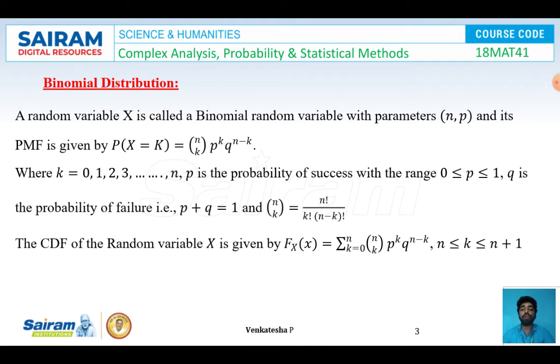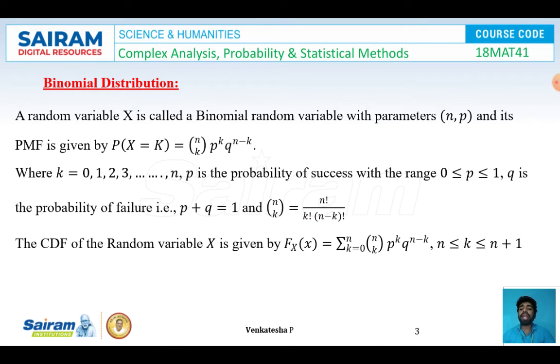To find the value of q, we have the formula q = 1 - p, and nCk is a combination given by n!/(k!(n-k)!).